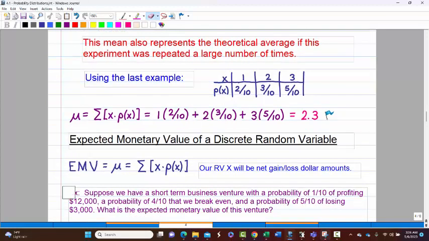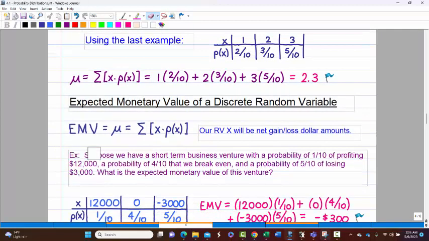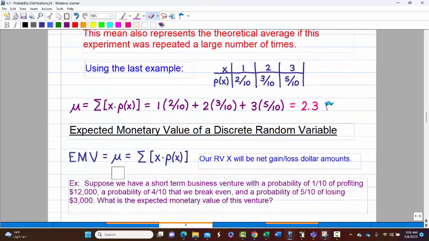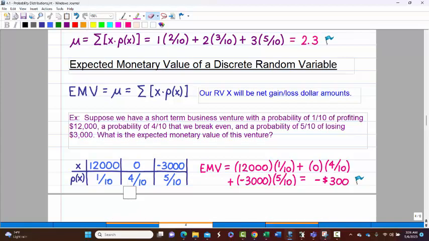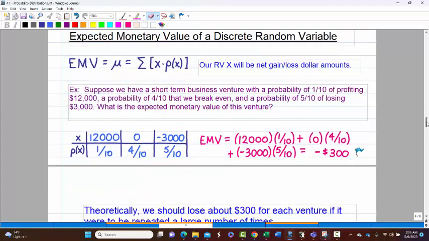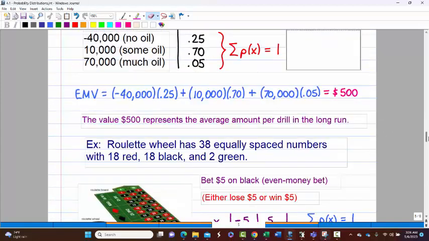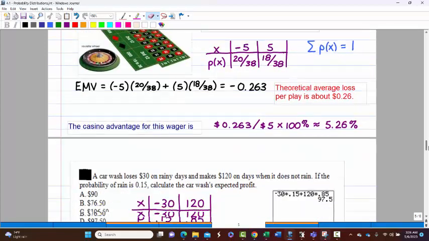Now this book doesn't necessarily use this term EMV, expected value is a more accurate term. I'm going to leave that EMV. That's not going to really cause you any grief, I don't think. That term is from another book, but it's the mean. When we talk about this EMV, or more specifically EV, I'm almost tempted to change these to EV because expected value is what we're usually used to using.